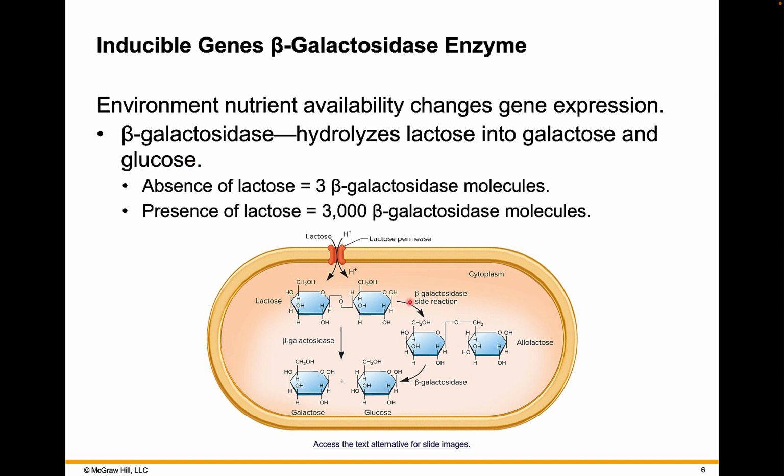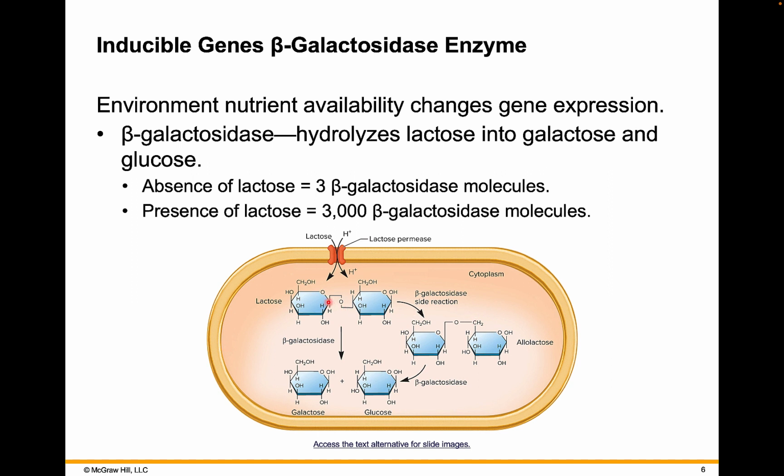And there is a side reaction of beta-galactosidase. Lactose is basically one molecule of glucose associated with a galactose with a beta-1,4 linkage. Whereas this side reaction of beta-galactosidase sometimes produces a beta-1,6 linkage.